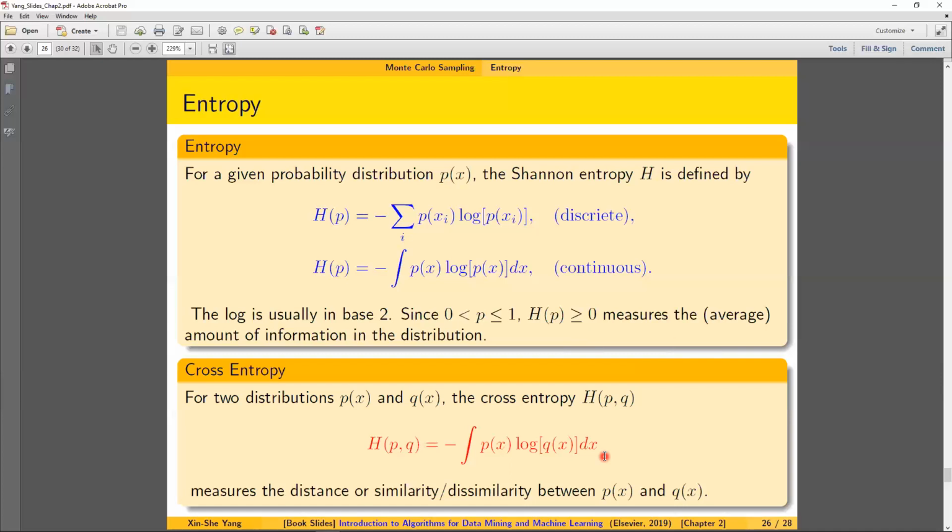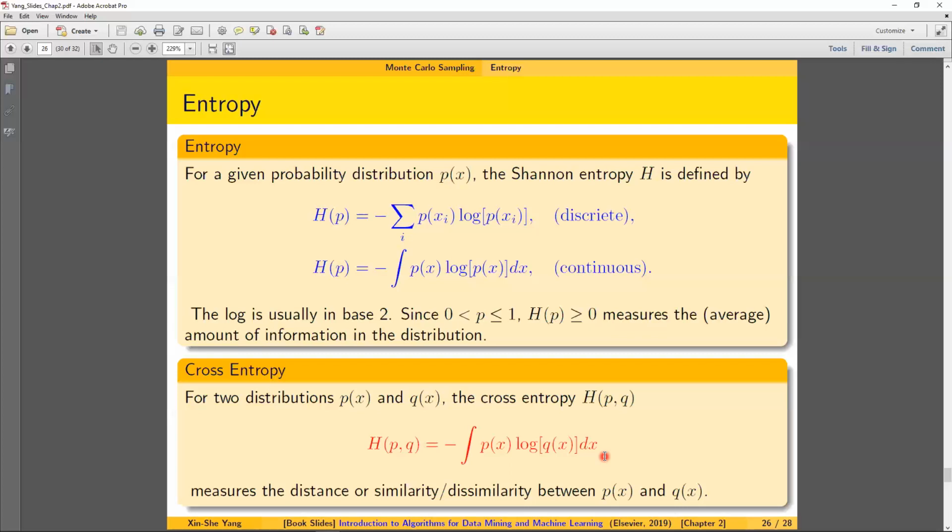So whenever you have two distributions that are kind of similar, but you want to know how similar they are, you can use cross entropy to measure their similarity or dissimilarity, so that you have a deeper understanding of your two distributions.